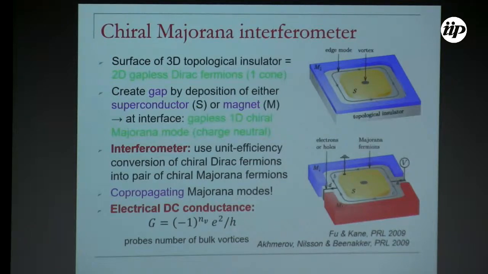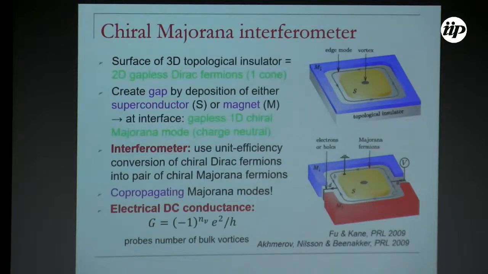Both states are gapped, so there are no low energy states, but at the interface in between, there is a gapless mode. And this gapless mode is exactly a chiral Majorana mode, basically half a fermion mode. It's chiral in the sense that unlike the Majorana zero modes, which are fixed in space, this mode moves around in this way with an edge velocity.